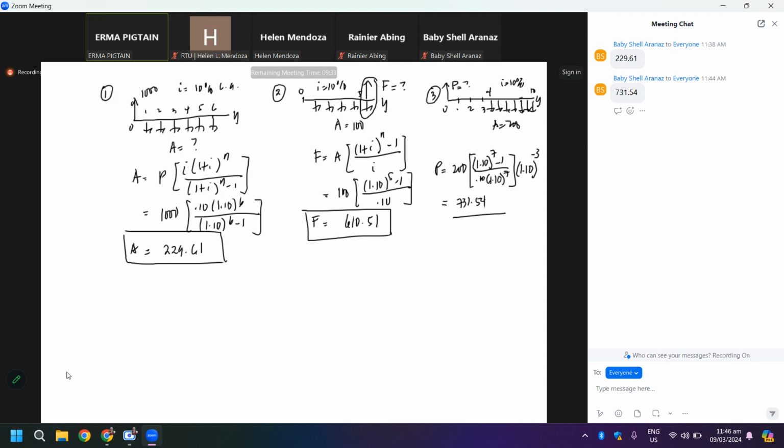So, let us have 4. So, hinanap natin. So, naintindihan niyo po ang equation. Actually, pwedeng ganitong gawin. Kumuha ka ng equation of value or use equation of value. I-define mo siya at time 3.